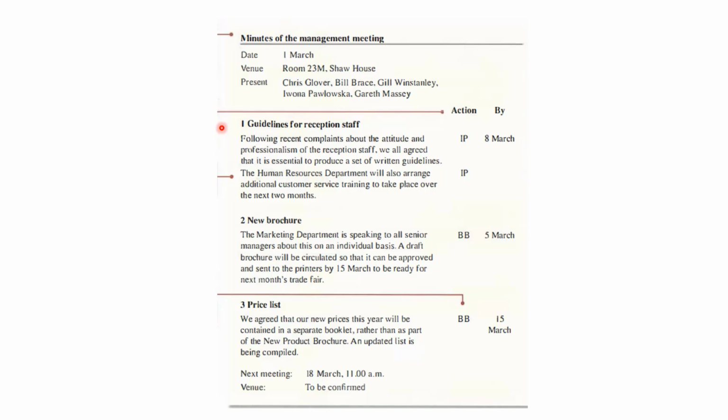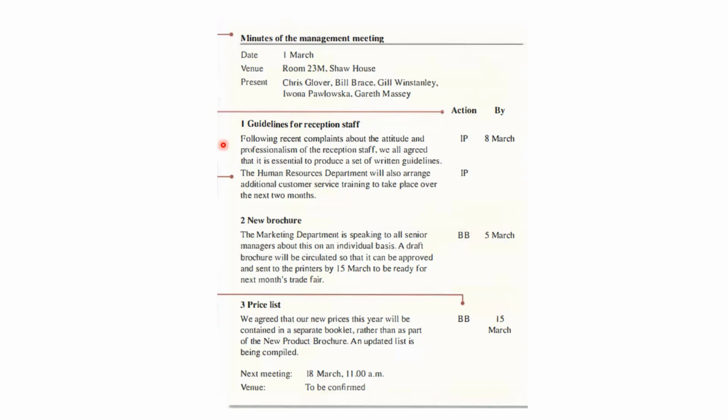Now let's go through each point separately to analyze the language. Guidelines for reception staff. Following recent complaints about the attitude and professionalism of the reception staff, we all agreed that it's essential to produce a set of written guidelines. The Human Resources Department will also arrange additional customer service training to take place over the next 2 months.